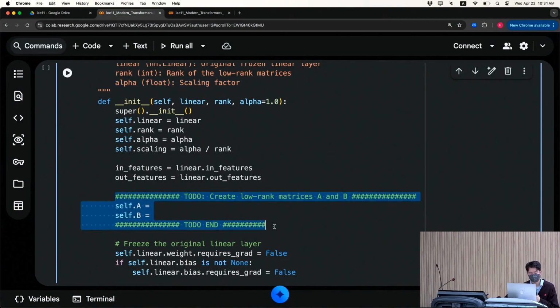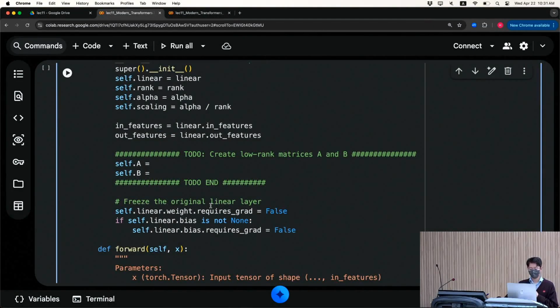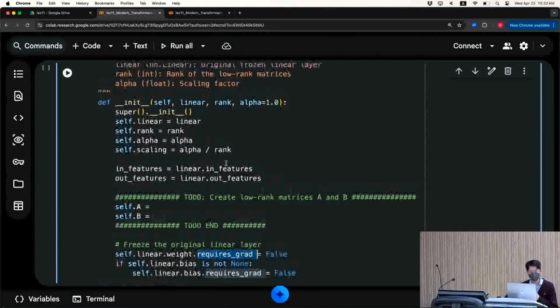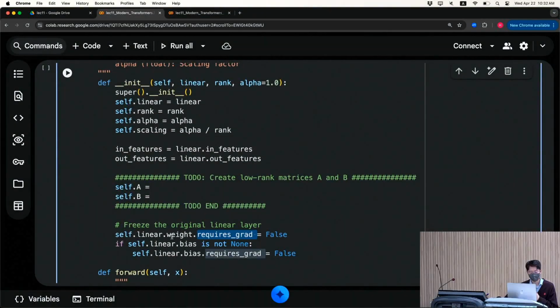First we need to initialize the low-rank matrices A and B. And remember, B is initialized to all 0s. And we need to really make sure the gradient does not flow through the original weights of the linear layer. We're going to do that in PyTorch with the requires_grad flag, which you can set to false.